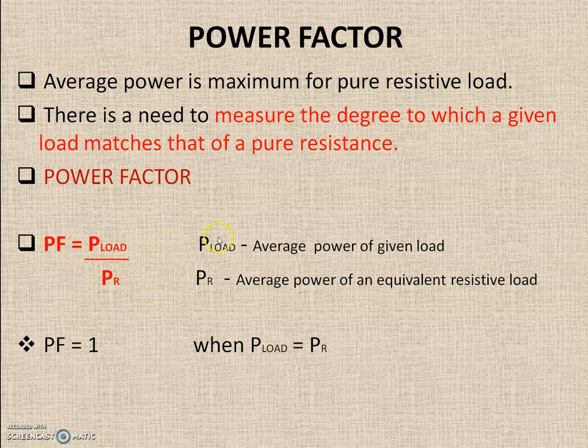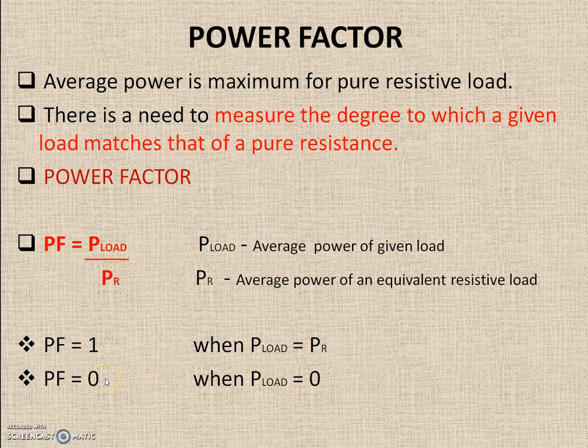And the power factor will be equal to 1 when this load matches the resistive load, that is P load equal to PR. The numerator and denominator will be the same and you will get a power factor equal to 1. And if the load is a pure inductive or pure capacitive load, we know that the average power will be 0, so the power factor will also be 0.